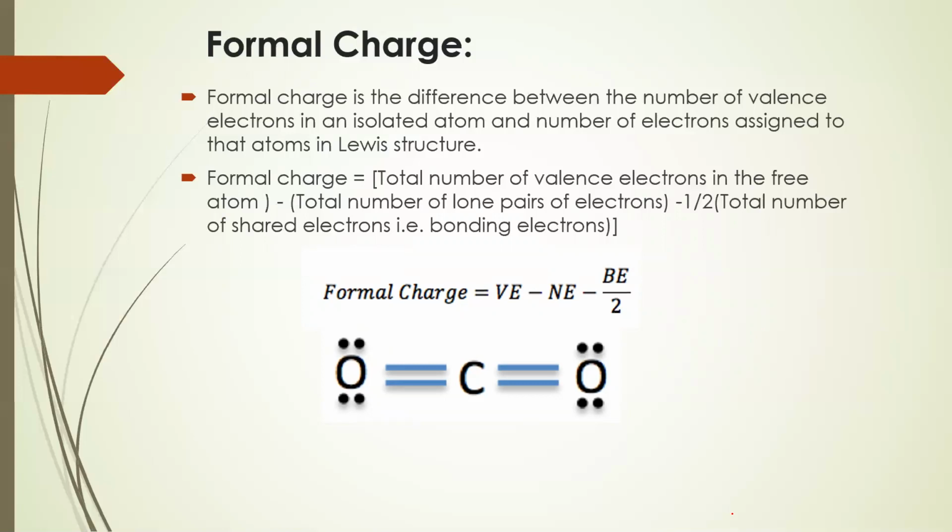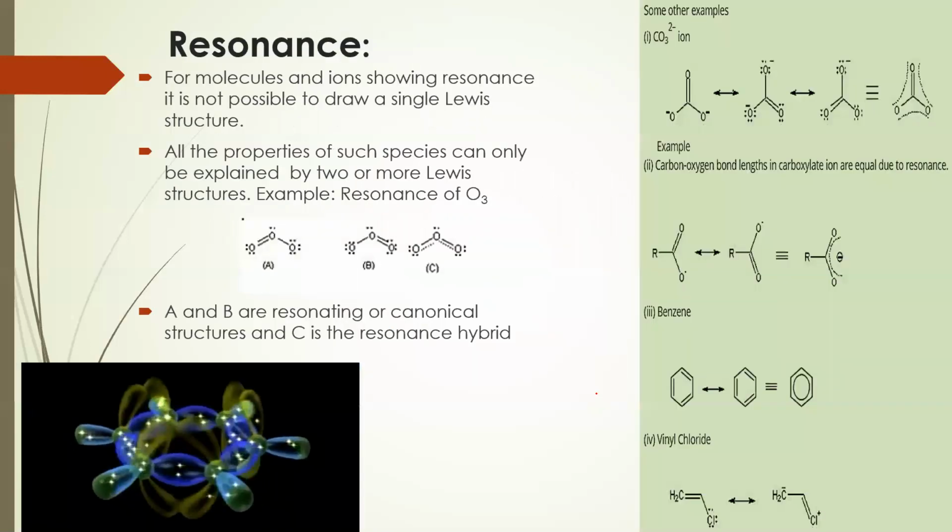Formal charge equals valence electrons minus non-bonding electrons minus half the bonding electrons. When a molecule is stable, most of the time the elements involved will have a formal charge of 0. You can check here, oxygen, carbon, as well as the other oxygen have formal charge equal to 0.